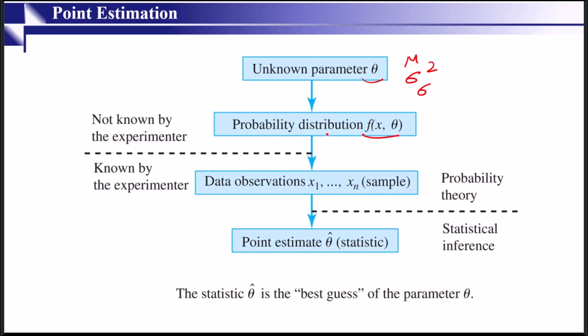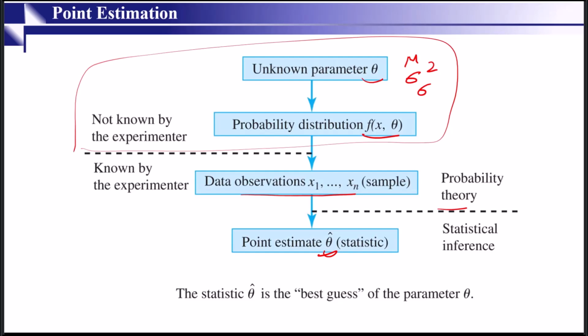The parameter theta and the underlying probability distribution f(x; theta) are the actual values that are unknown. We collect some data, these are the observations x1, x2, x3 up to xn, which are the sample, and we use probability theory and a statistical model in order to compute a point estimate, which is called theta hat.